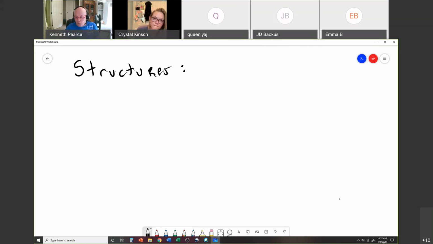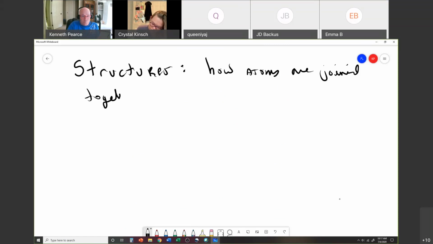Now, structures means how they're joined together. All right, and this is where it really gets into the real chemistry that goes on.